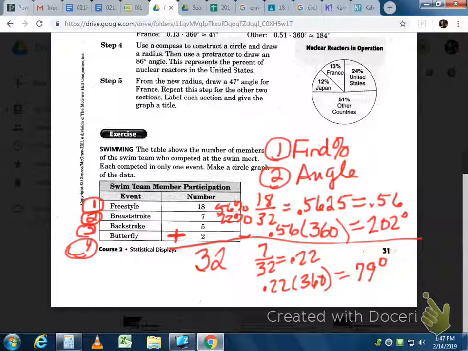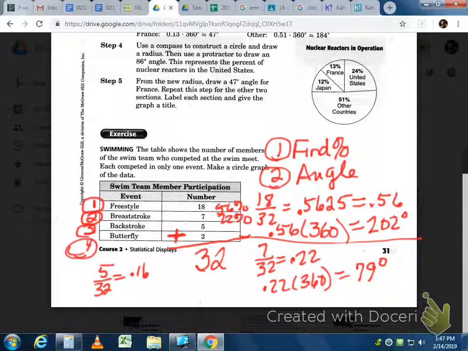Team 3, who's going to be the representative? Okay, Caden, what's the first step? 5 divided by 32. What did you get? I got 0.15, but if you rounded it, it would be 0.16.